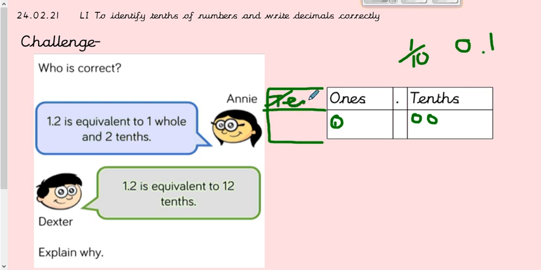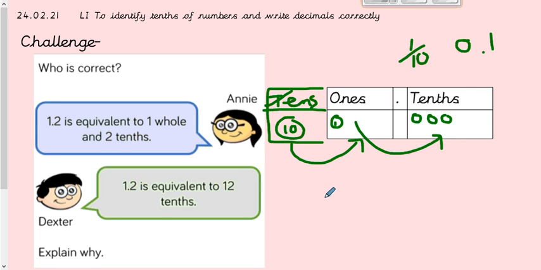How would we move a 10 into the ones? We would add 10 counters, wouldn't we? So therefore, how would we move a 1 into the tenths? How many tenths are in 1 whole? It's 10. So you would add 10 counters.